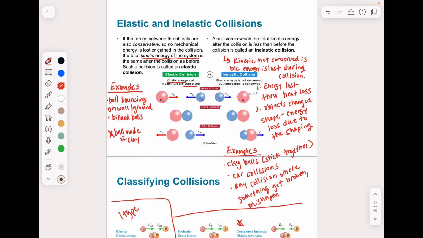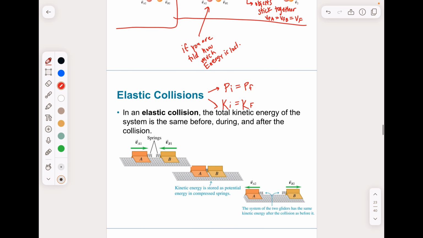So as long as there is no friction, or if there is no dissipation of energy of any kind, or an addition of energy from a push or a pull, then you can definitely say that energy is conserved. But in elastic collisions, we're talking about kinetic energy being conserved, all right? So in inelastic collisions, the only conservation law that you can use is momentum conservation.